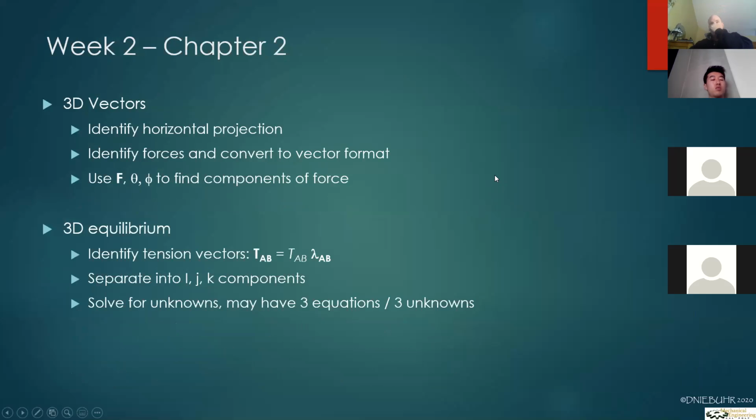Okay, so now the lecture for today, Monday's lecture that's posted in this week, you'll deal with 3D vectors and 3D equilibrium. And the idea with 3D vectors is of course, you can have components, IJK components, and you can have your respective angles relative to the axes.